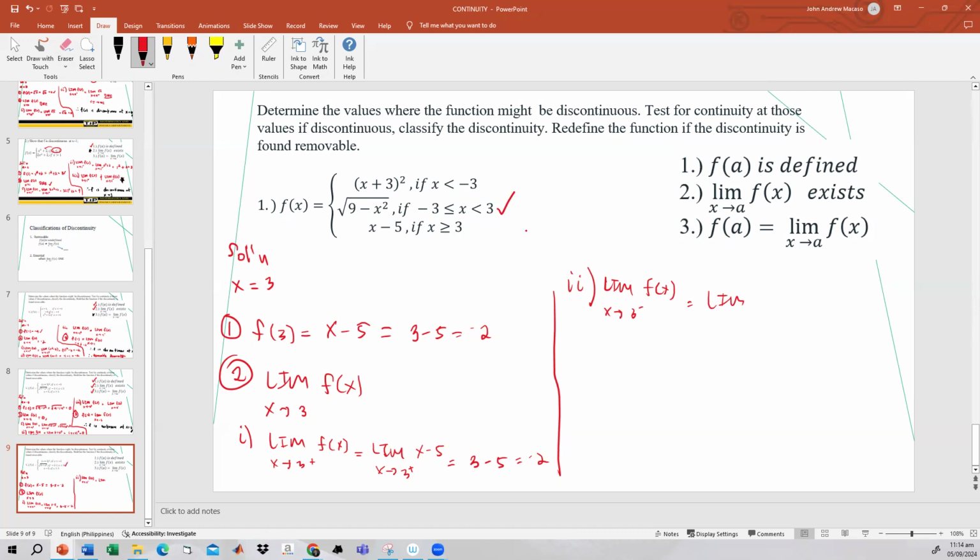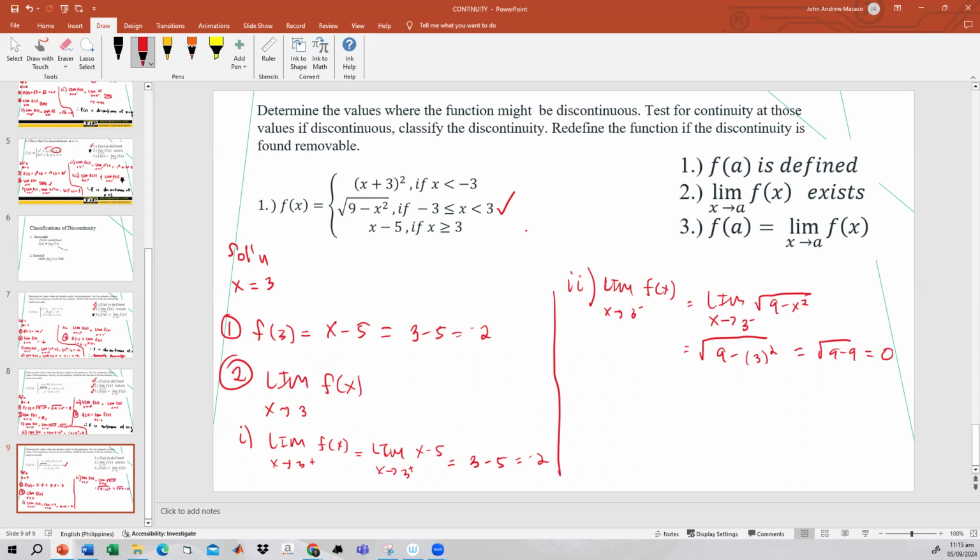Because 3 from the left will fall on x is less than 3. So the function that we'll use is the square root of 9 minus x squared as x approaches 3 from the left. By substitution, this leads to the square root of 9 minus 3 squared, so the square root of 9 minus 9, which is just equal to 0.